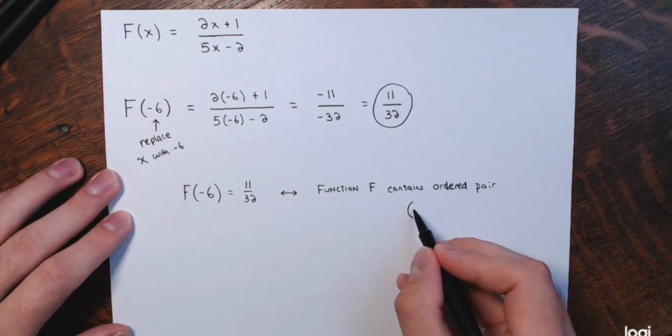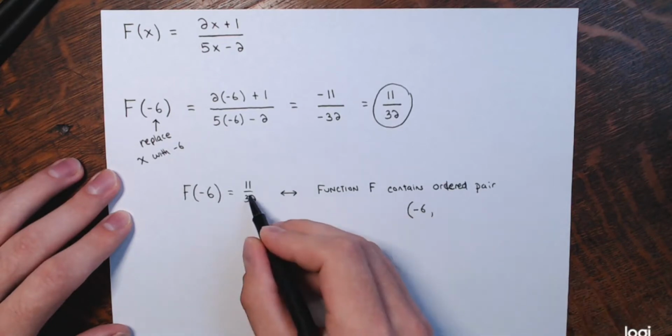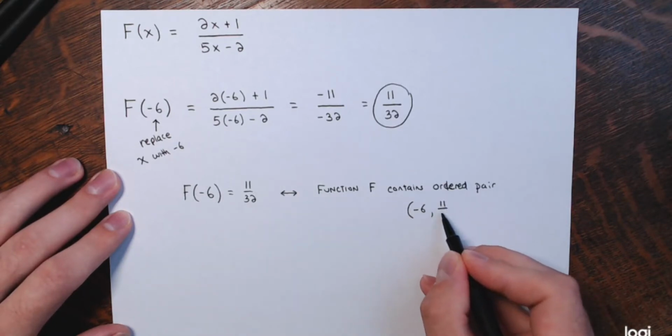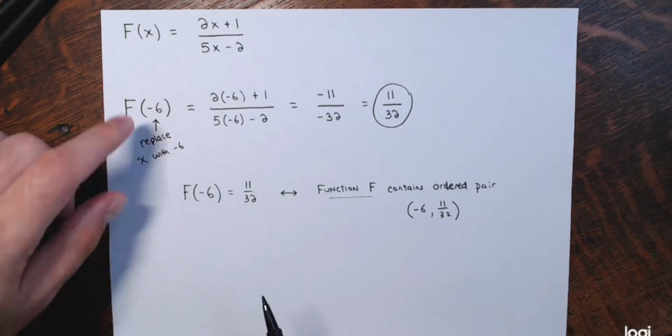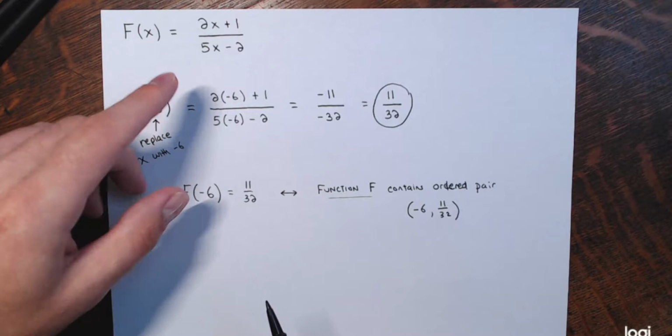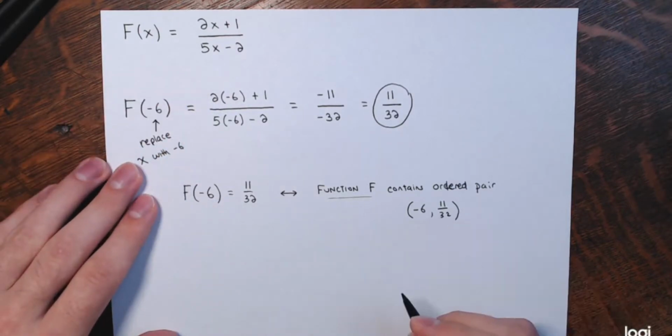Input negative 6, comma, output 11 32nds. All right, so if you were finding ordered pairs for this function, this would be one of them.